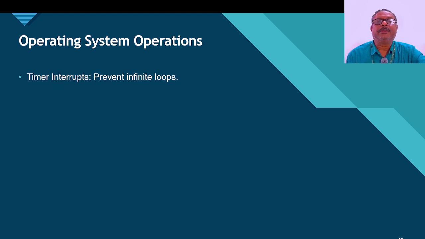But there can be some issues in our user program where it may end up with an infinite loop. Like if we are going to use a while loop, and we say while a is greater than 0, we continue.